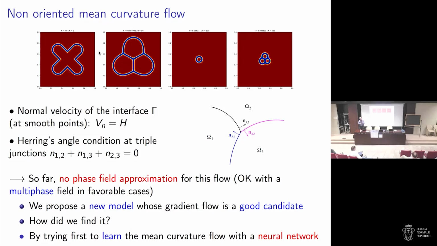So that's why you can do that in any codimension also. H is a vector, exactly. H is a vector here. So it's really the first variation of the perimeter that gives you the direction, and it works indeed in any codimension.